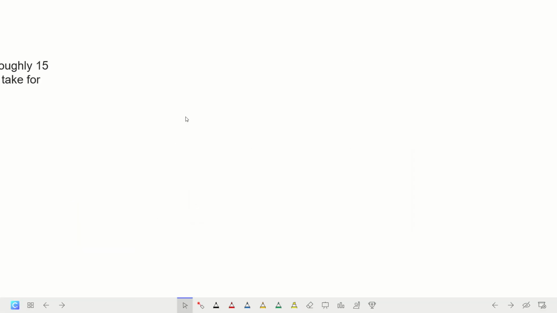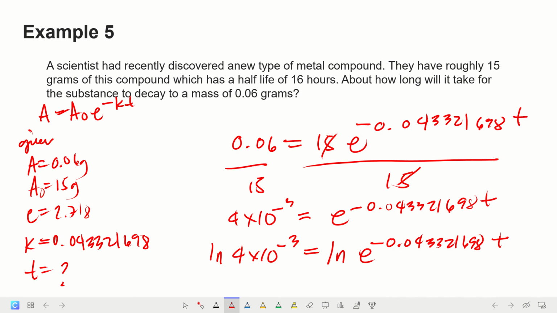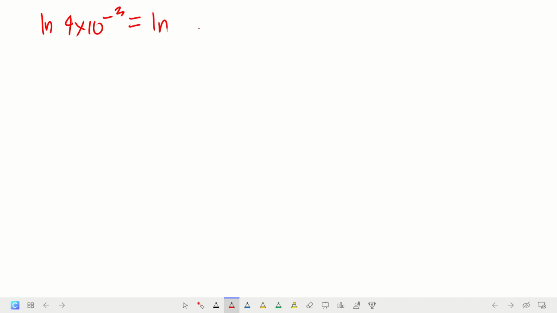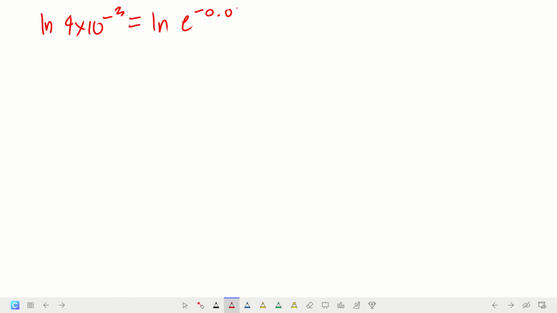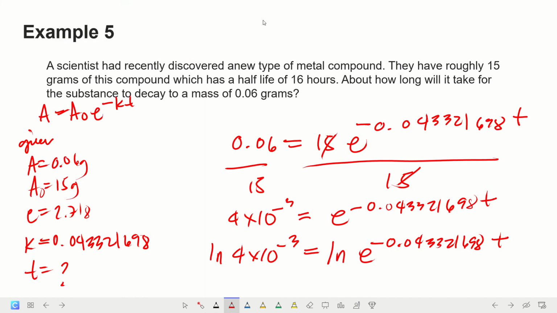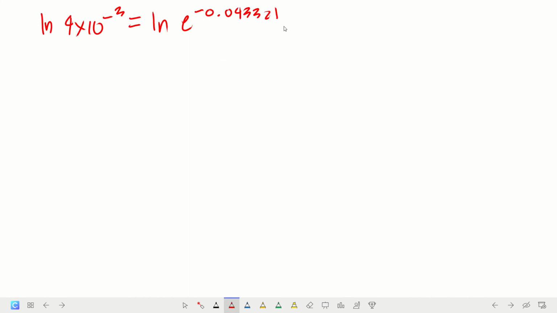Okay, so let's add a new slide. So, the natural logarithm of 4 times 10 raised to negative 3 is equal to the natural logarithm of e raised to negative 0.04332168 times t.